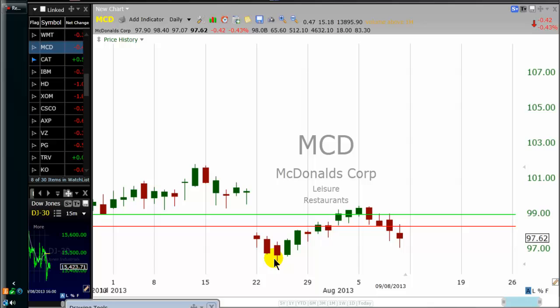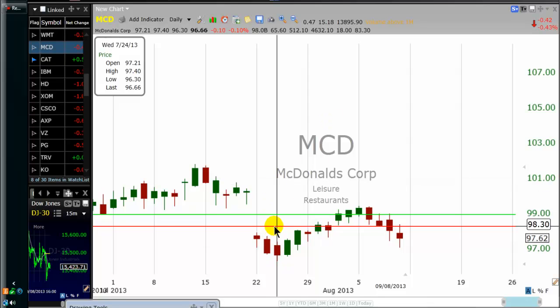The long-term equilibrium price level for McDonald's that professional traders are watching up to the end of 2013 is at 98.30, the red line.